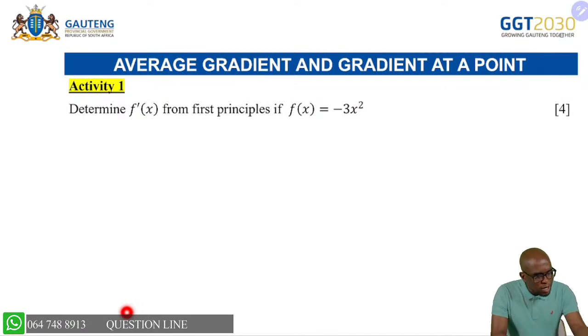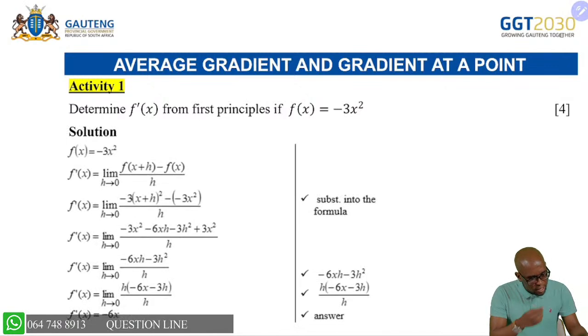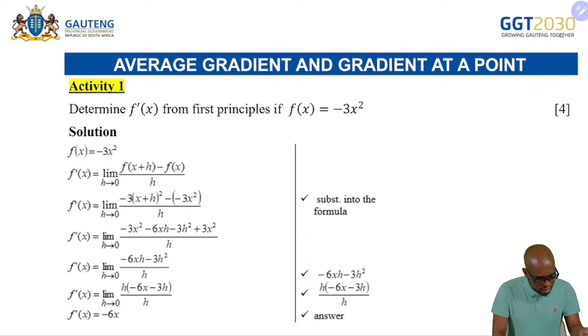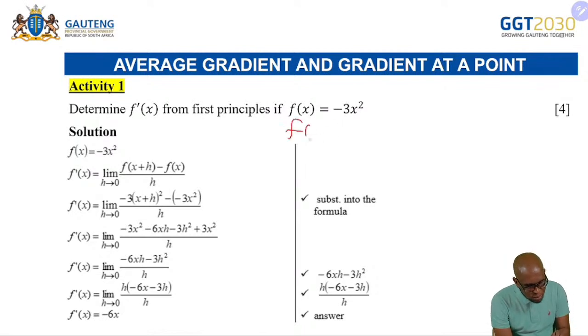Right. We are given the equation here. We want to determine the derivative. Now the solution to that, you see that I've flagged the solution here. First things first, you need to find f of x plus h, and our f of x plus h in this case gives us the whole of this thing.